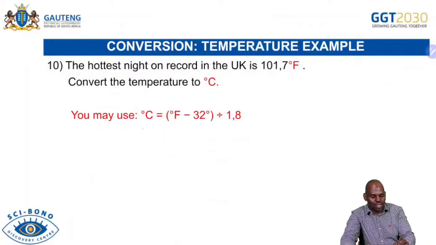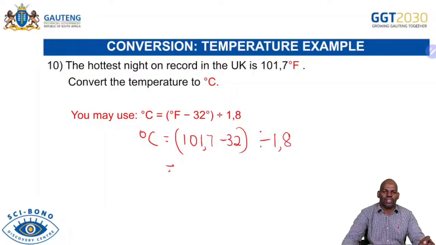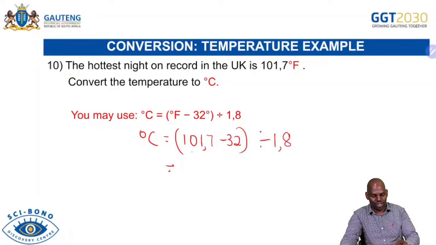For degrees Celsius, we do the substitution. It equals, in brackets, 101.7 minus 32, divided by 1.8. It's always easier if you do everything step by step. So 101.7 minus 32 gives us 69.7.